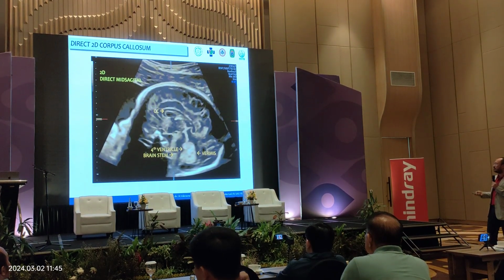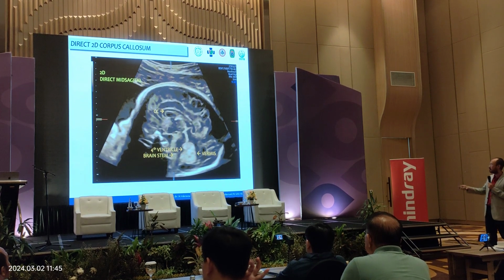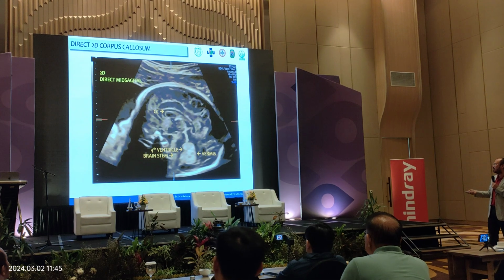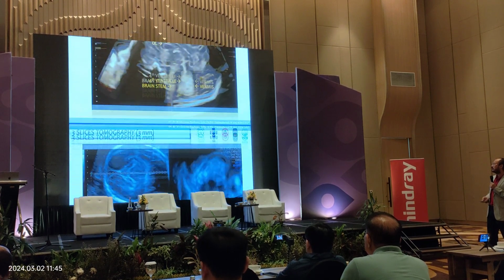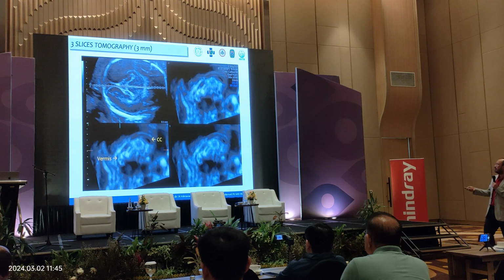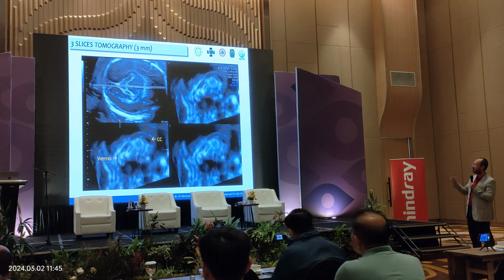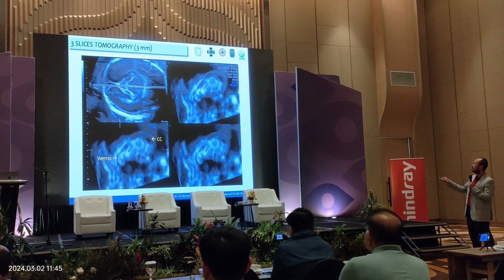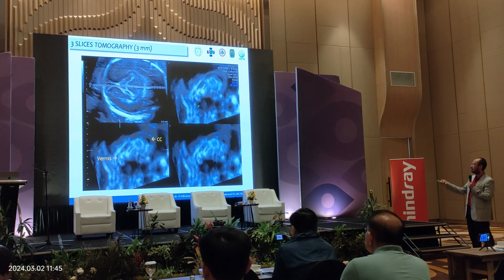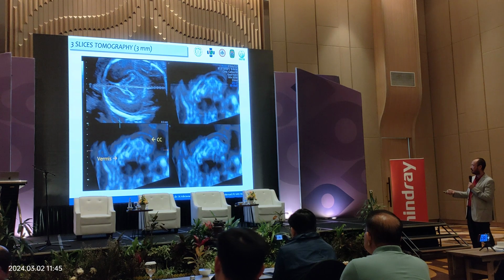So this is a 2D direct sagittal. If we want to see the sagittal and parasagittal, it is very clear about the direction and sensation. Here we can see vermis, fourth ventricle, and brainstem. So here, 3-slice tomography is like slicing with only 3 slices, -1, +1, and we can see where is the best and clearest resolution, and we can definitely appreciate the picture.